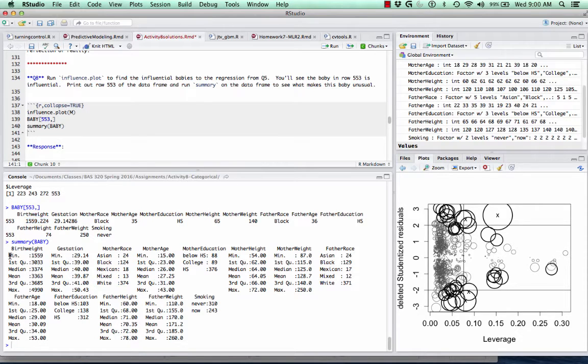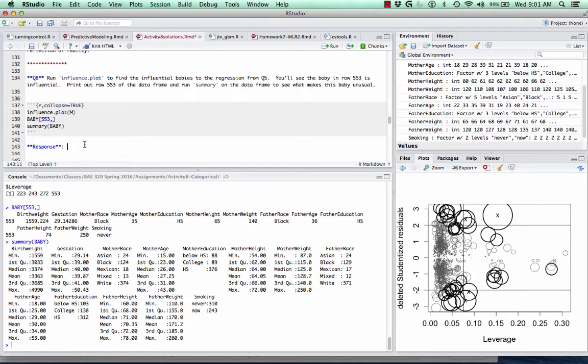In fact, that is the baby that weighed the least in the entire data set. It also happened to have the smallest gestational period here. So we do see that, okay, yeah, this baby is a very unusual baby for this data set. It had the smallest gestational period, had the smallest birth weight. It's highly influential because it's so different than the rest of the babies. But it's a valid observation.